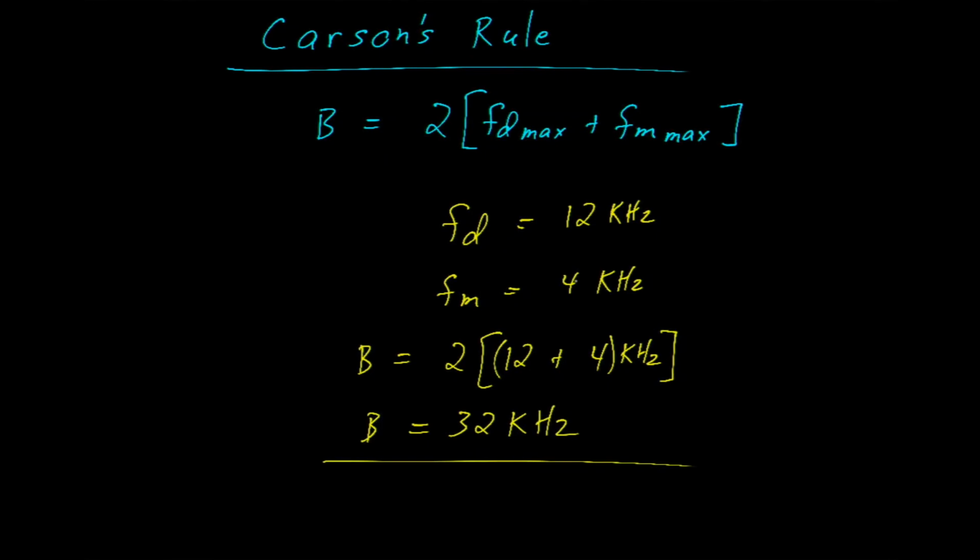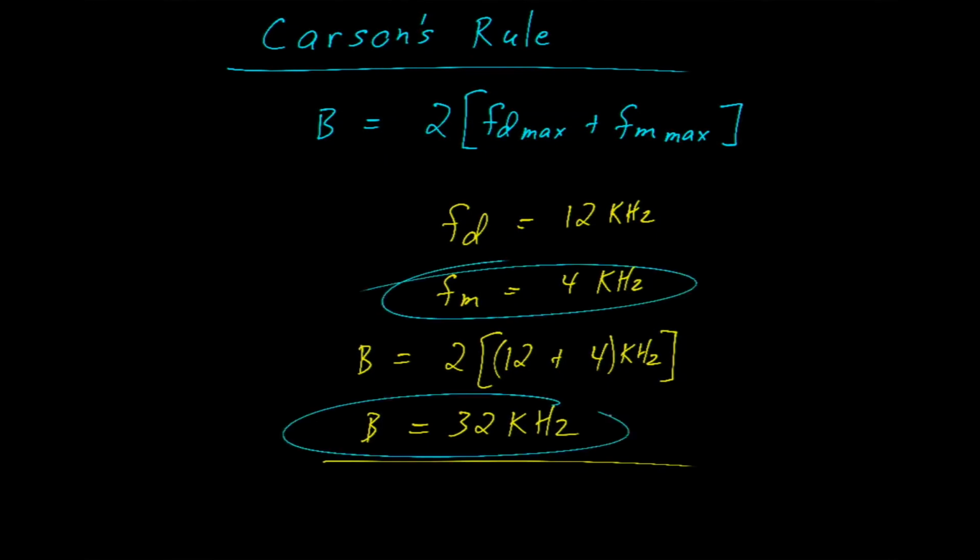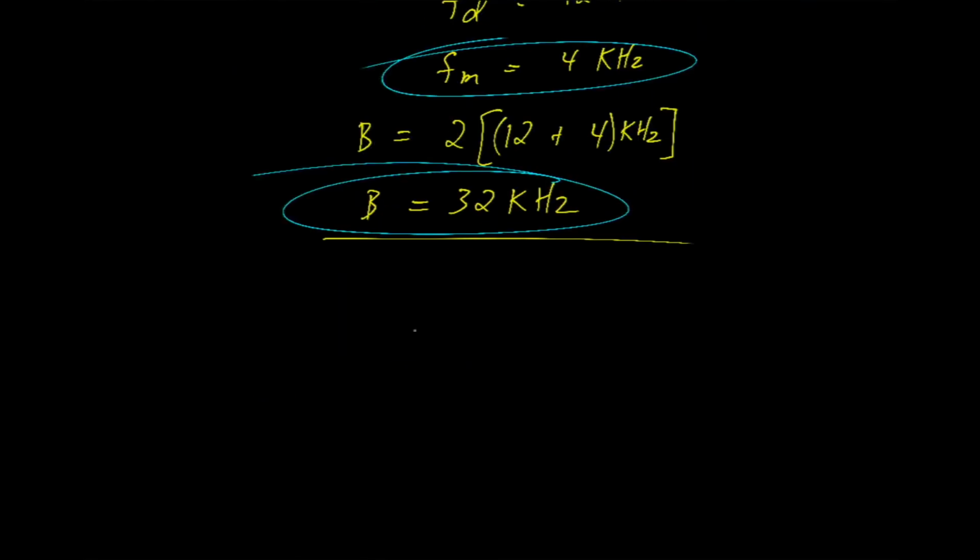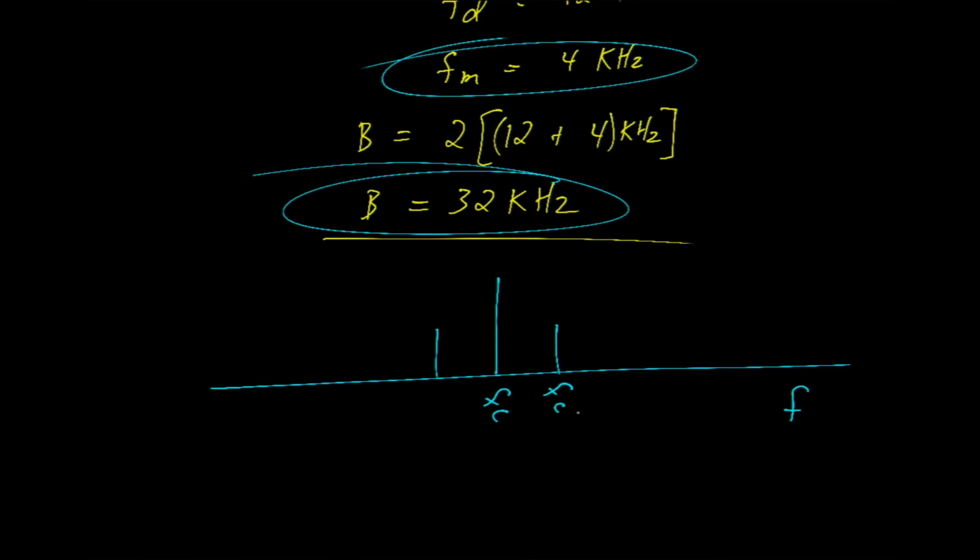Let's finish this discussion by sketching the spectrum based on these numbers and see if things make sense. There will be a carrier. The first sideband pair would be at frequency carrier plus 4 kilohertz and frequency of the carrier minus 4 kilohertz.